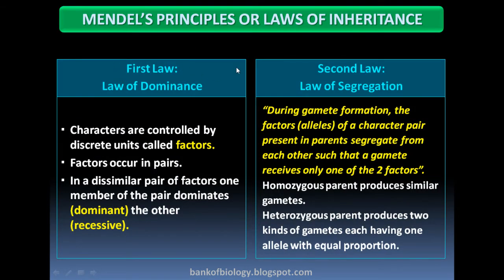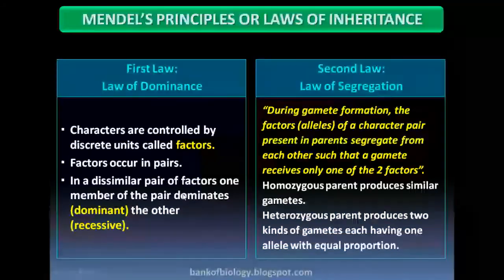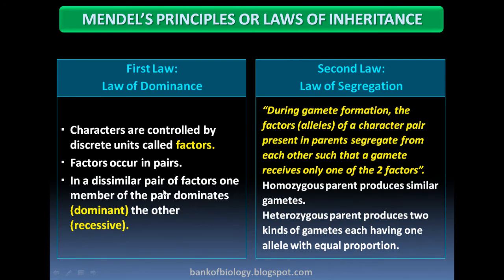First law is law of dominance, and second law is law of segregation. Law of dominance states that in a dissimilar pair of factors, which are now known as genes, only one member of the pair dominates the other.